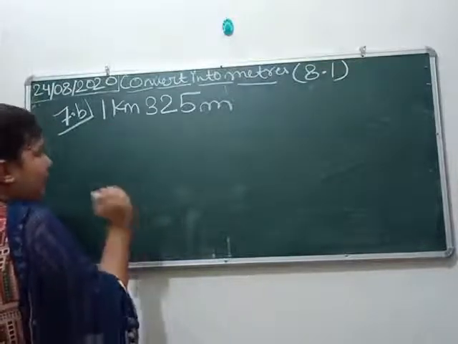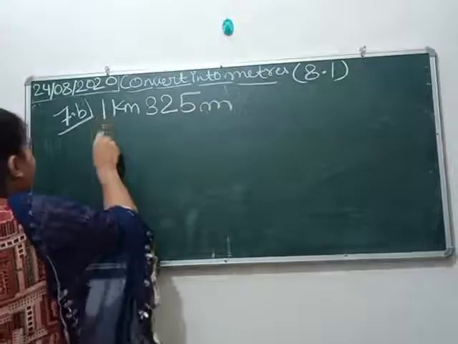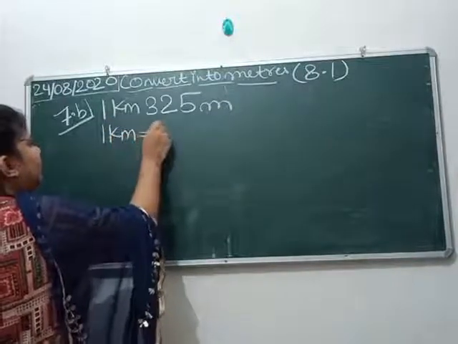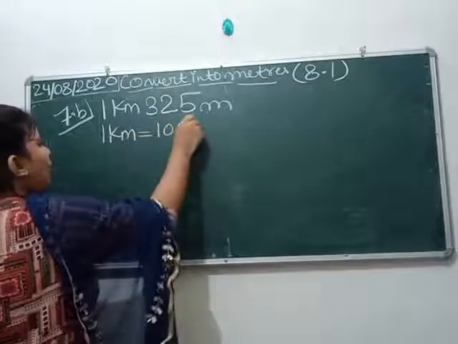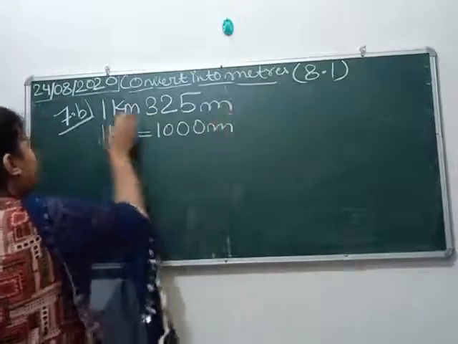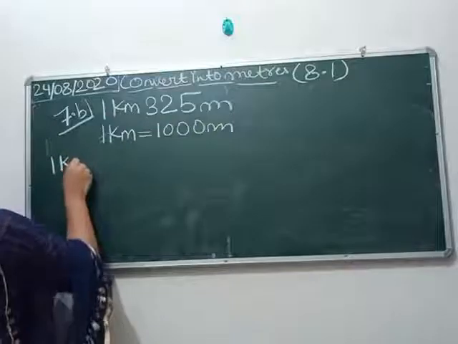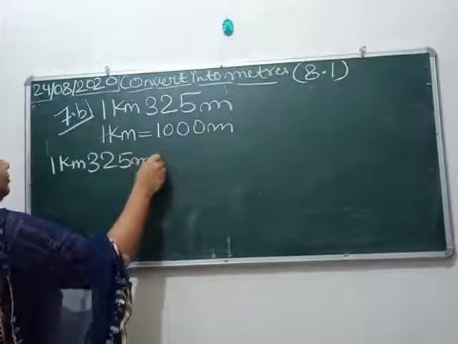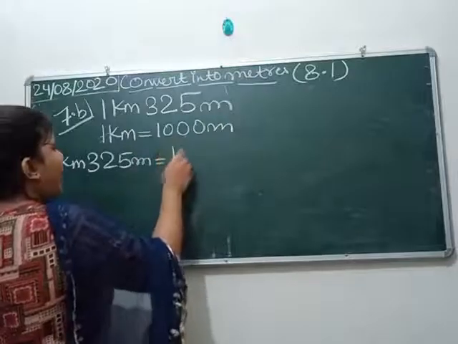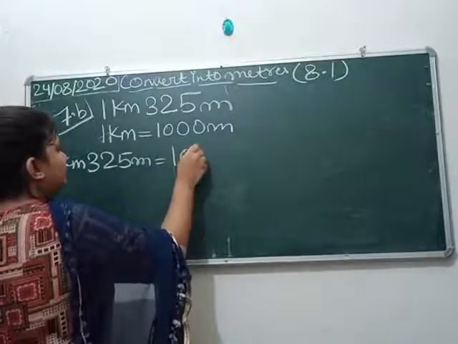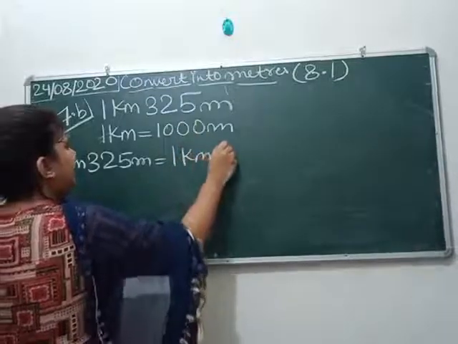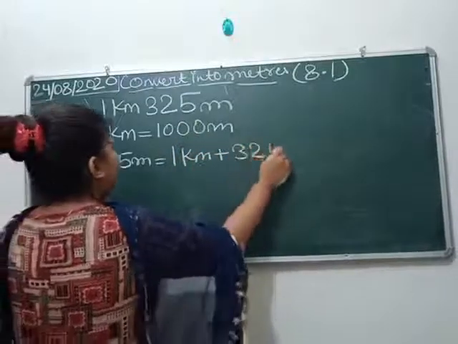Now see, first line will remain the same, that is 1 kilometer is equals to 1000 meter. Now 1 kilometer 325 meter equals to 1 kilometer plus 325 meter.